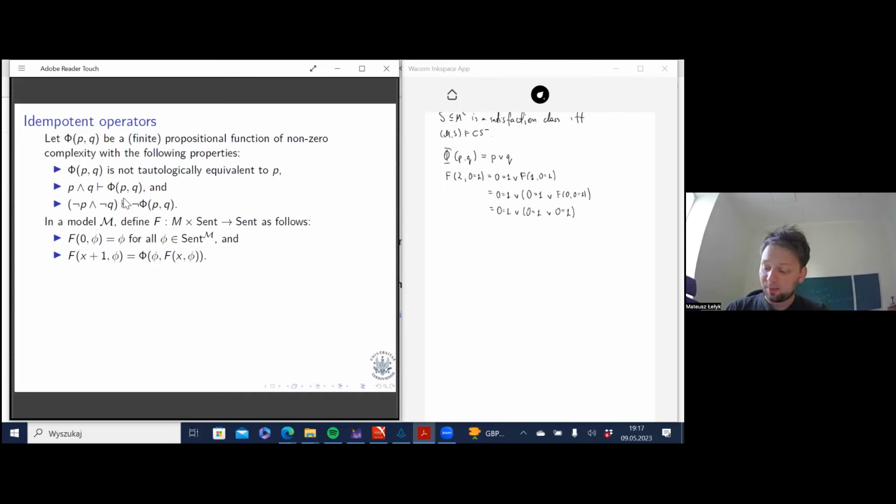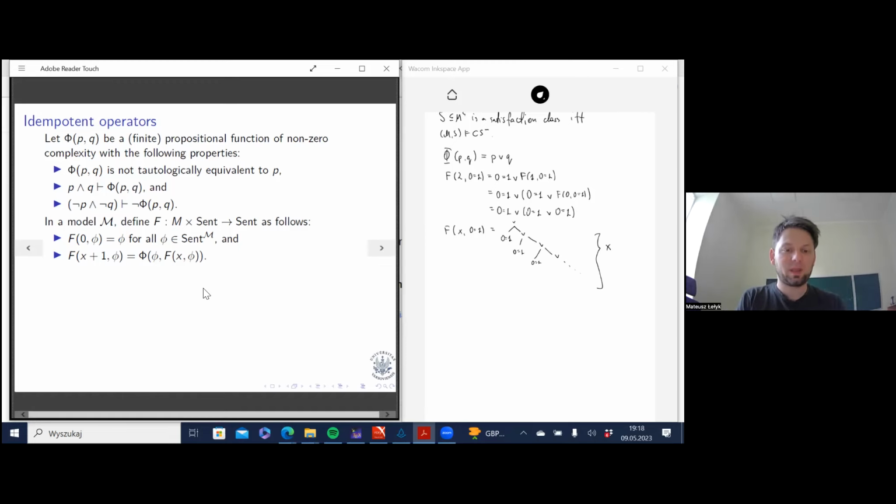So essentially, f of x of 0 equals 1 looks like a disjunction parenthesized to the right of depth x, where the longest path in this tree has length x.